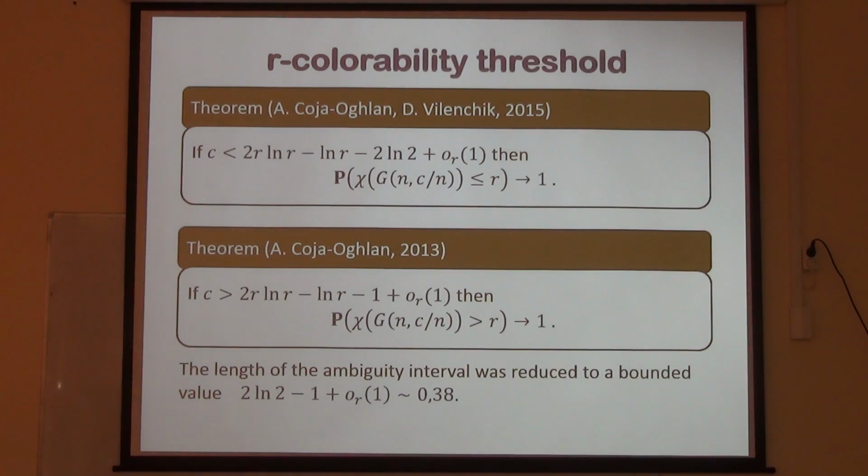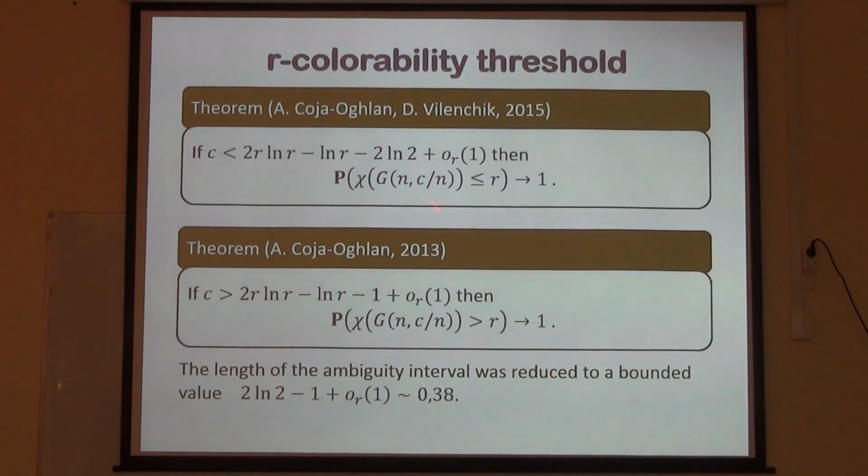Surprisingly, he was able to improve also the upper bound. If the constant is greater than 2r log r minus 1, then with high probability our random graph is not r-colorable. So this was obtained together with Velenchik. They obtained an interval of bounded length in which we don't know the limit distribution of the chromatic number.